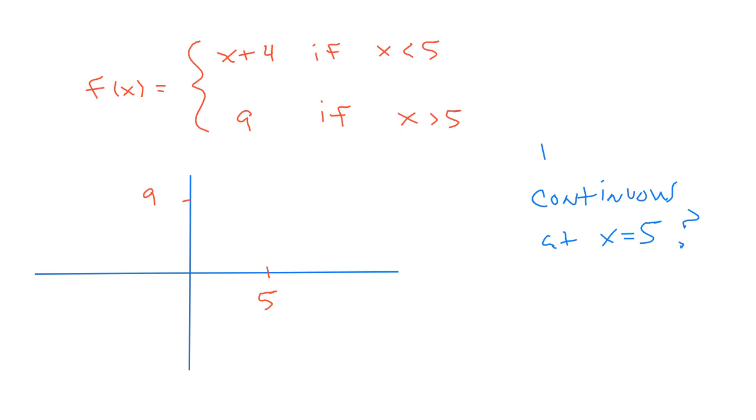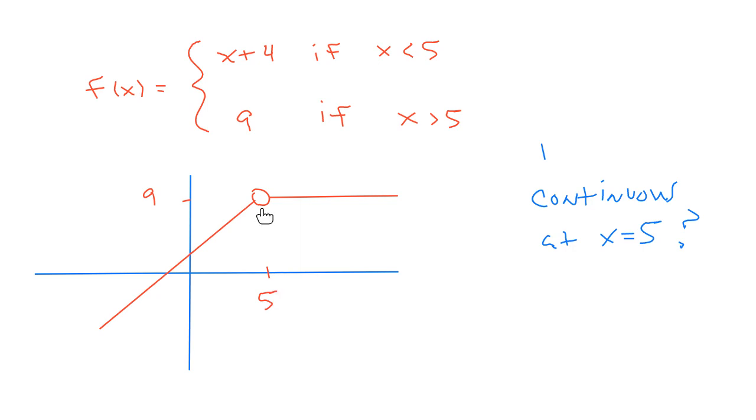Let me sketch it because I'm recording this for others. The way this formula is, this would be the graph. We get this line up until 5, but it is actually undefined at 5.